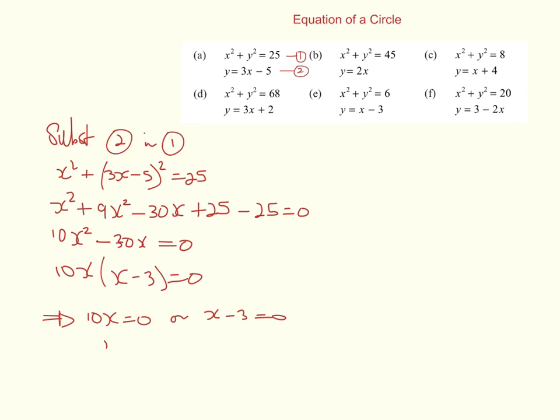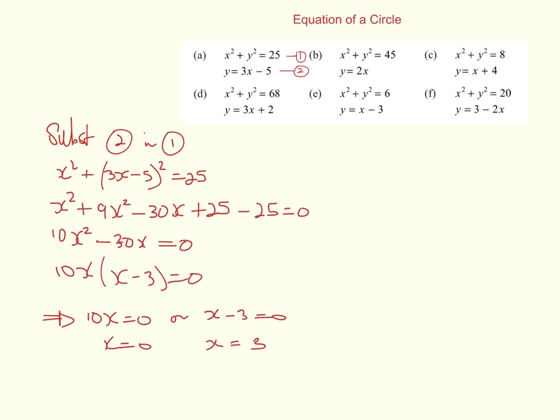Well, that means that x is 0 here or x is equal to 3, once we have brought this 3 over to the other side. So I've got two answers for x. And yes, you guessed it, I'm going to have to take these answers now, substitute them into either of the two equations to find out what the value of y would be.